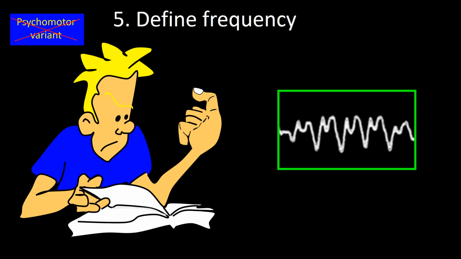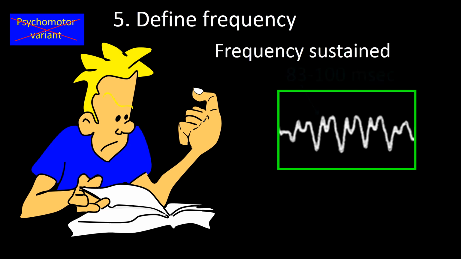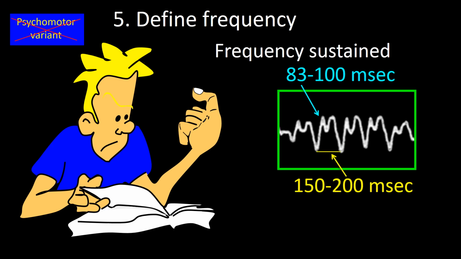The frequency is usually sustained throughout the burst. The supraharmonic activity usually lasts from 80 to 100 milliseconds, whereas the fundamental rhythm is usually in the 150 to 200 milliseconds range.